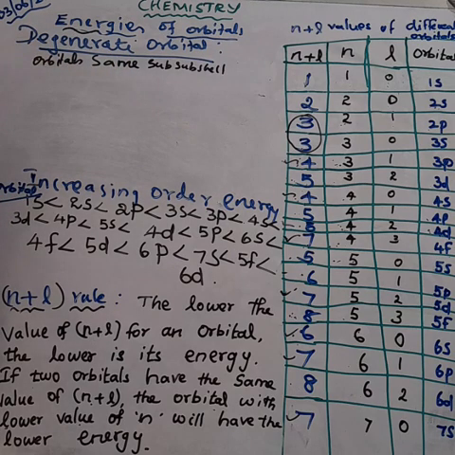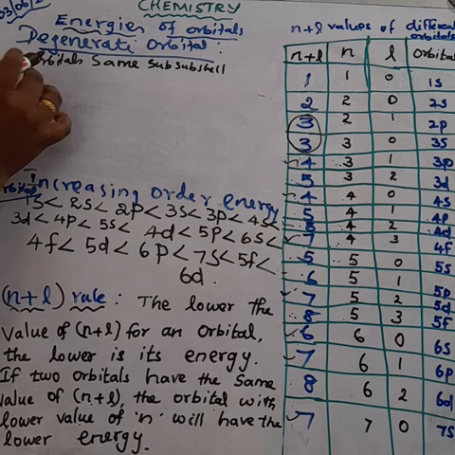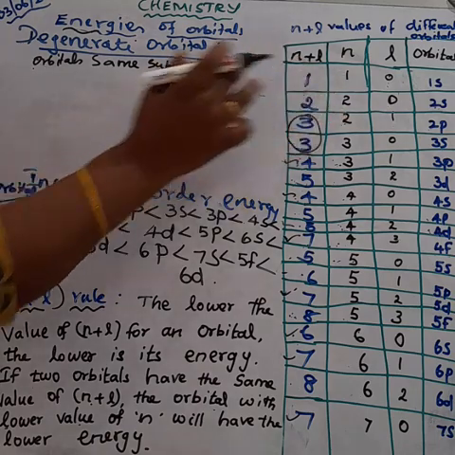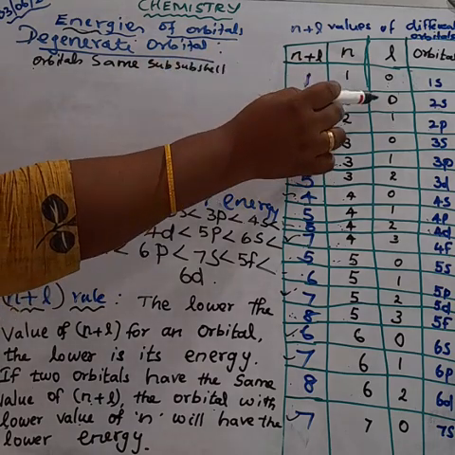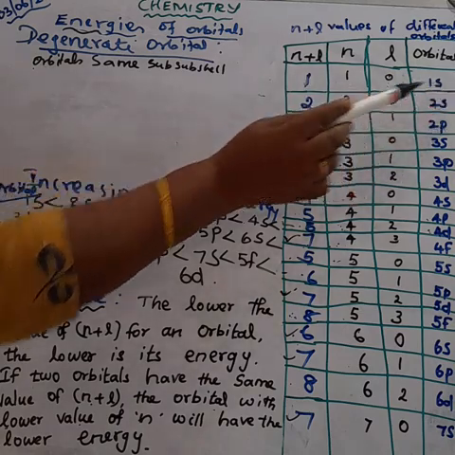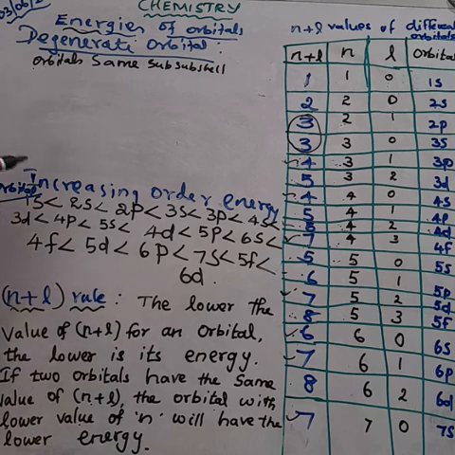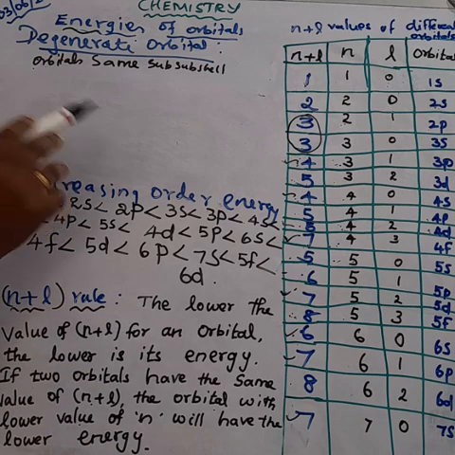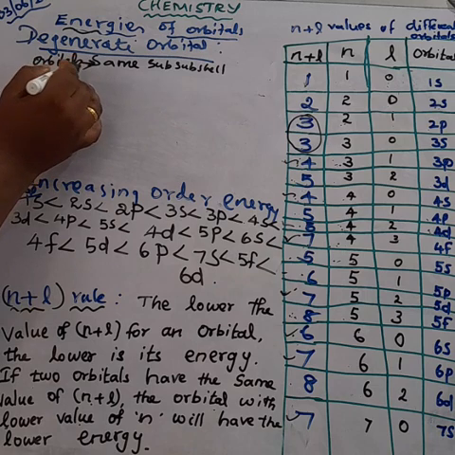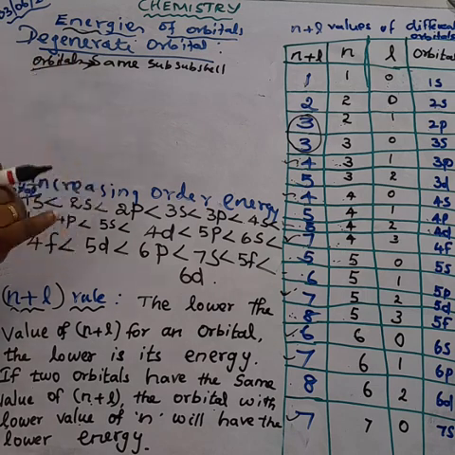For example, the K shell has only one subshell, and the L shell, how many subshells does it have? 2 subshells. What are they? S and P. Within the P subshell, how many orbitals are there? 3 orbitals: Px, Py, and Pz.